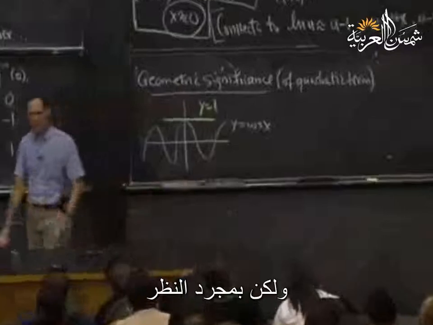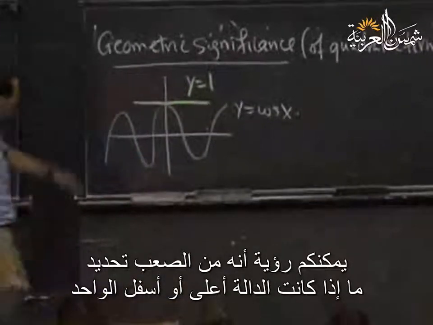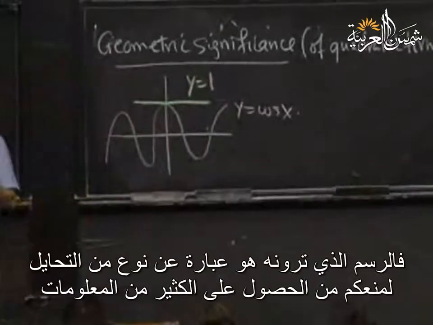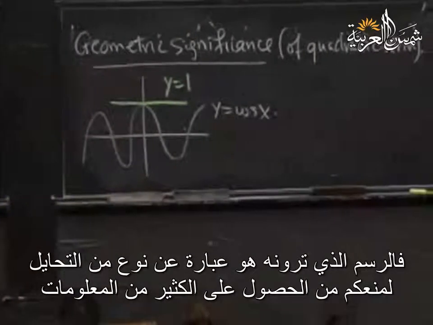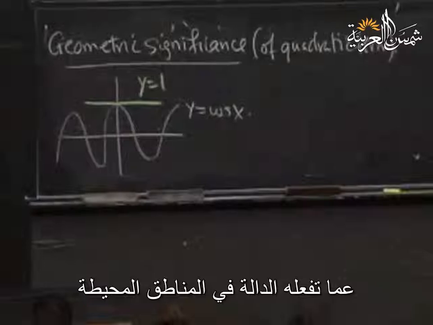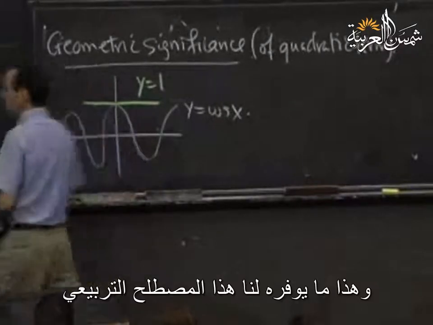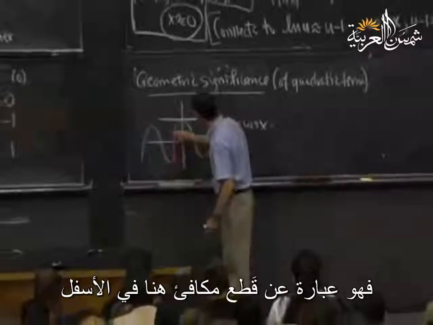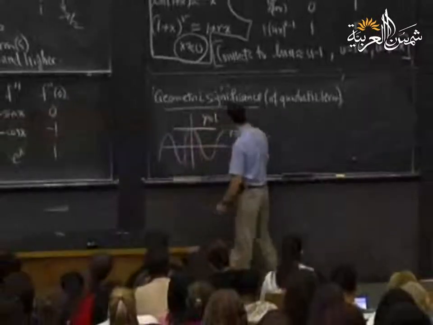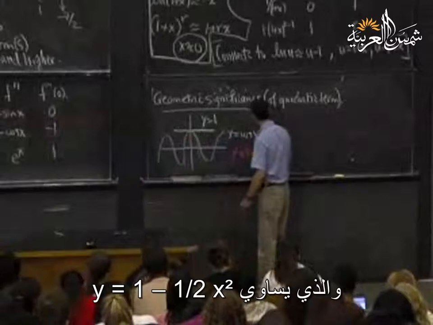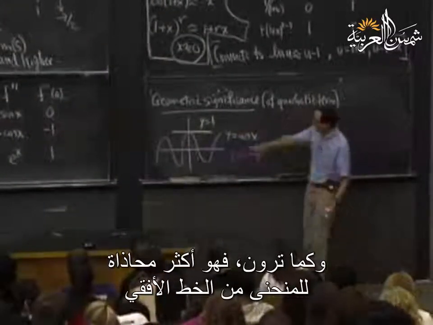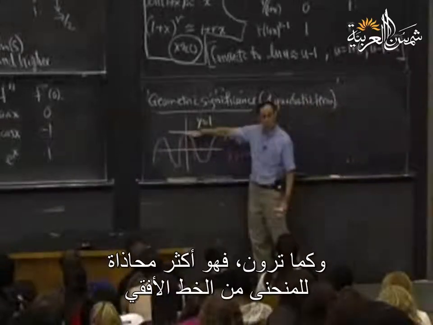But you can see intuitively, that doesn't even tell you whether this function is above or below 1 there. It doesn't tell you much. It's sort of begging for there to be a little more information to tell us what the function is doing nearby. And indeed, that's what this second expression does for us. It's some kind of parabola underneath here. So this is y equals 1 minus a half x squared, which is a much better fit to the curve than the horizontal line.